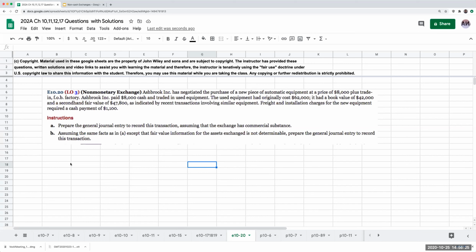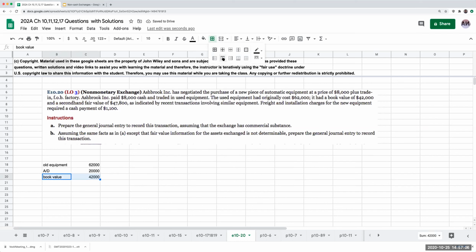Okay. For Ashbrook, what I need to do is ask, what was the value of the old equipment? It was $62,000. Book value was $42,000. So the accumulated depreciation on the old equipment, or what was being given up, was $20,000.